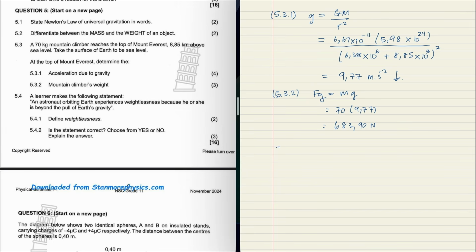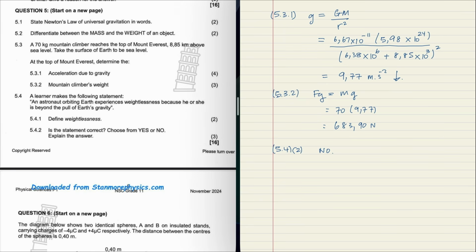Question 5.4. A learner makes the following statement. An astronaut orbiting Earth experiences weightlessness because he or she is beyond the pull of gravity. Is the statement correct? The answer is no, the statement is not correct. Explain the answer.